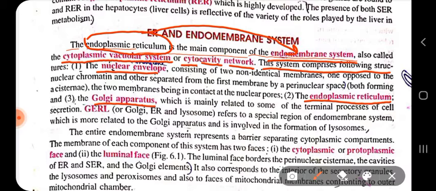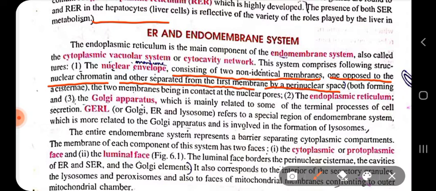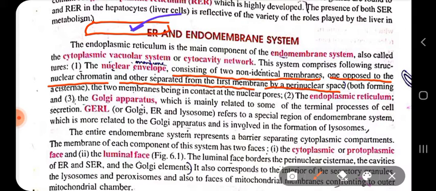The nuclear envelope. When you study the nucleus, you will see the nuclear envelope consists of two non-identical membranes, one opposed to the nuclear chromatin and the other separated from the first membrane by a perinuclear space. So two membranes will be found, and inside there will be a space, and that space is called the perinuclear space.